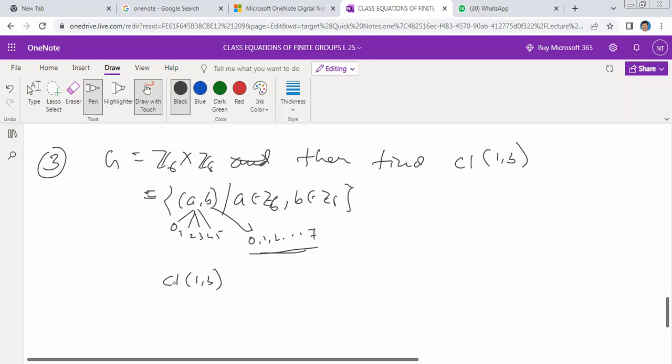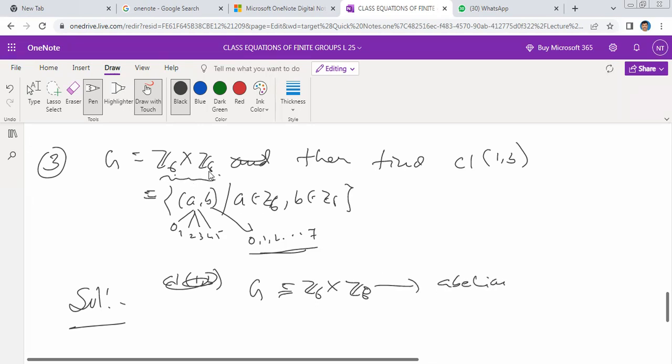Is it {(1, 3)}? Now the solution: Z6 cross Z8 is an abelian group, because Z6 is abelian and Z8 is abelian, and the product of two abelian groups is again an abelian group.